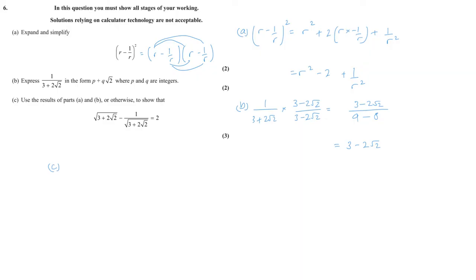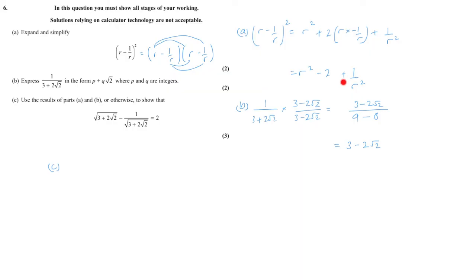Now, part C. Use the results of A and B, or otherwise, to show that. So when we look at it, we've got this minus 1 over this equals 2, which is very similar to this, isn't it?